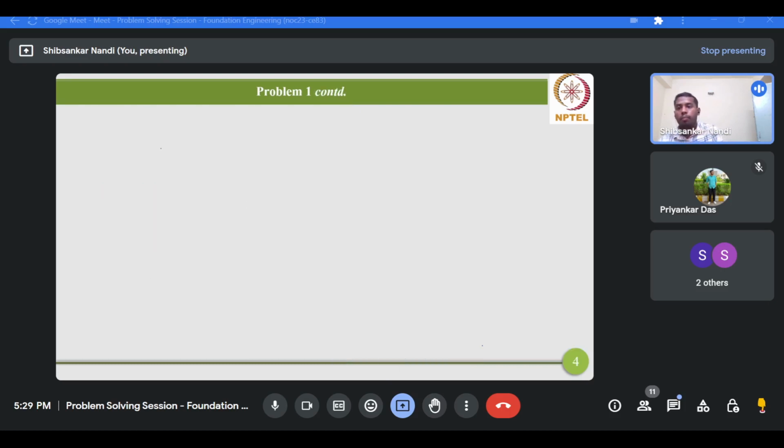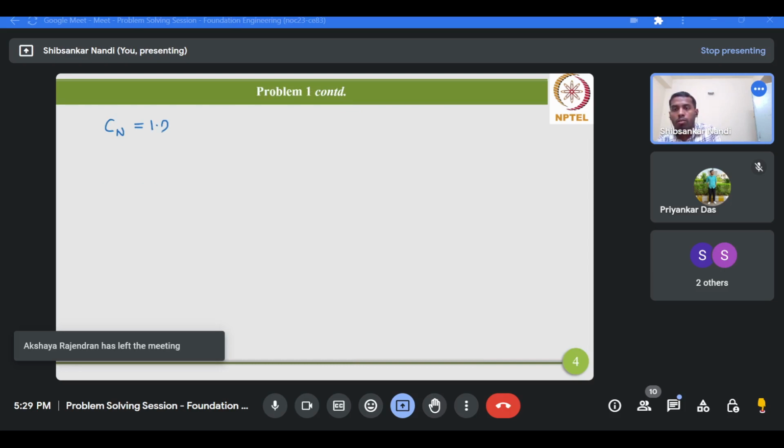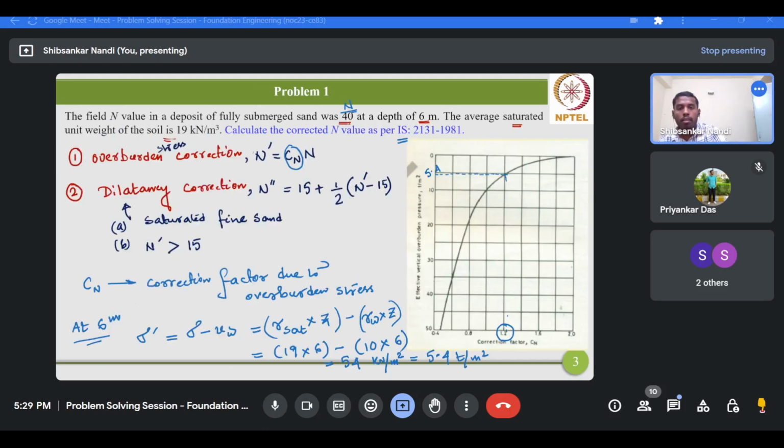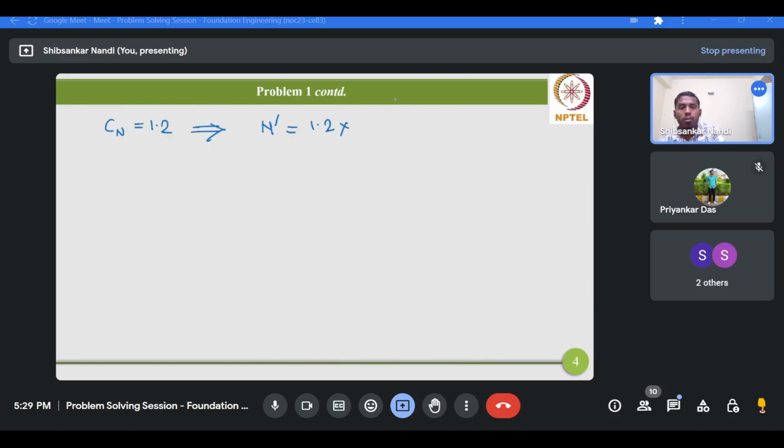Obviously Cn is 1.2. That means the corrected SPT N value would be 1.2 multiplied by the measured or field SPT N value, that is 40. That means 48.